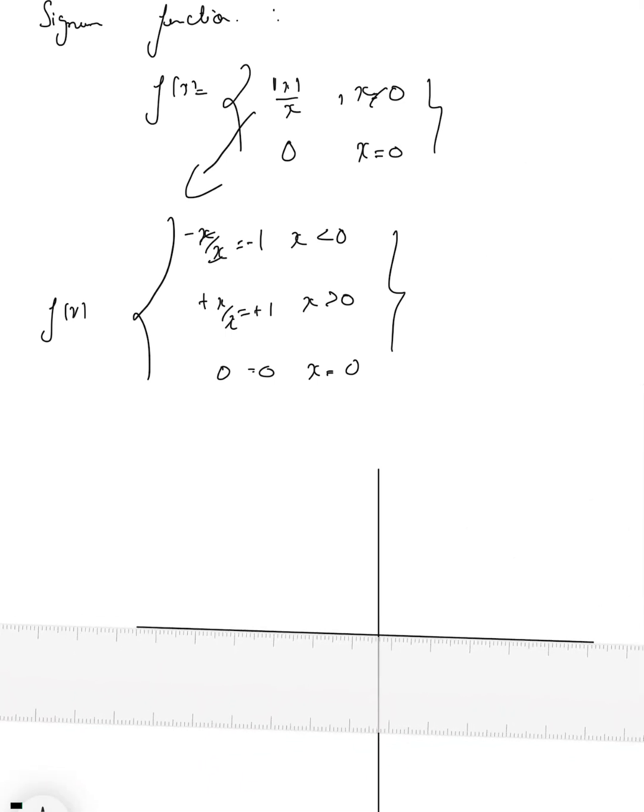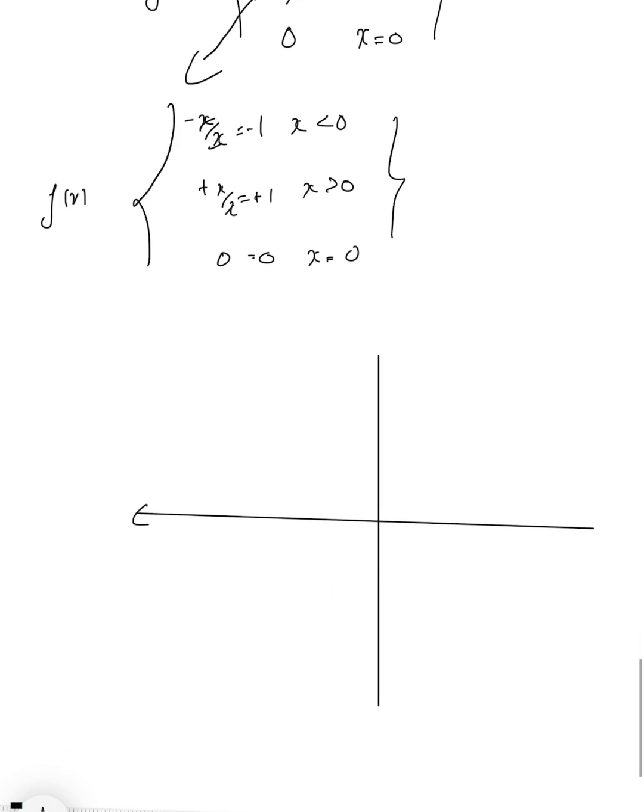So here it is your x-axis and it is your y-axis. And you know that if we put any negative values, we get y as -1. So f(x) = -1. No matter what x you put for x less than 0, you always get -1.